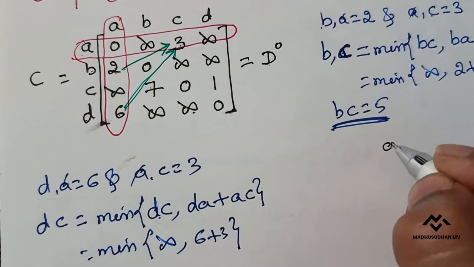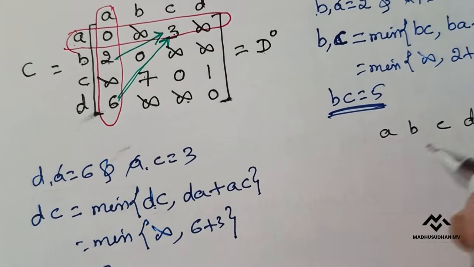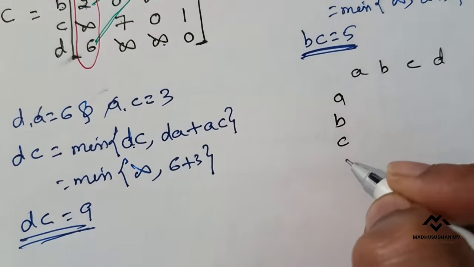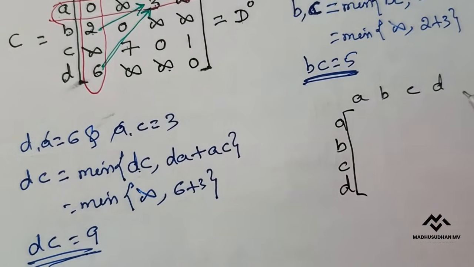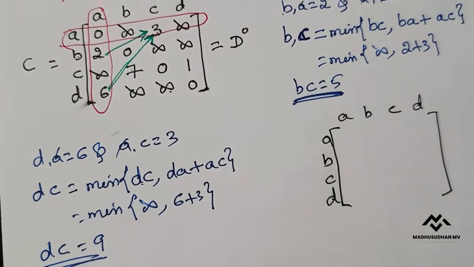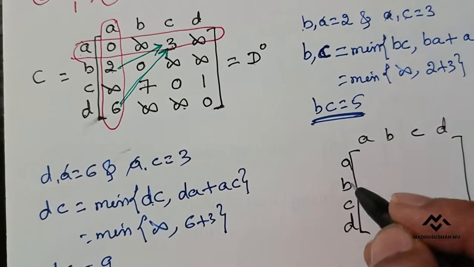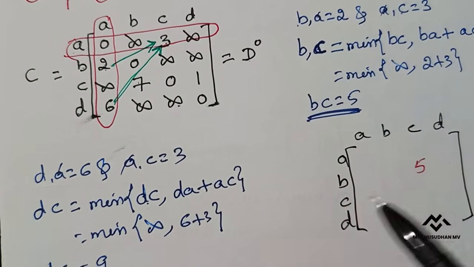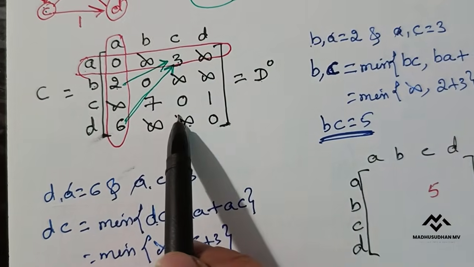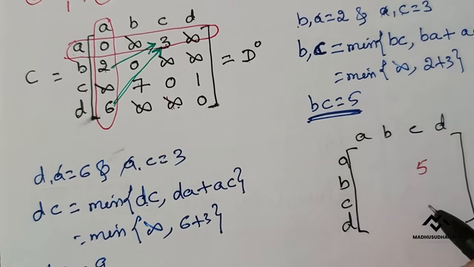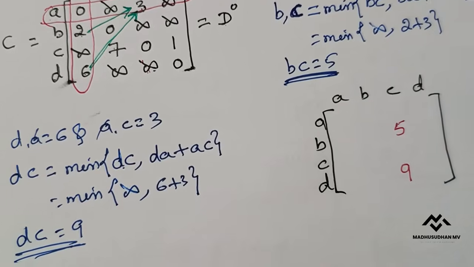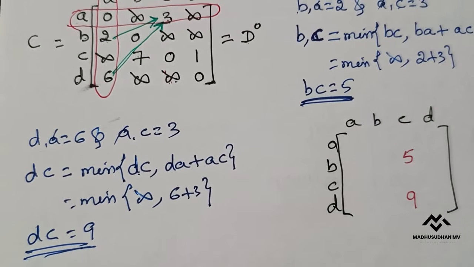Okay. So the two new values, now I'm going to write them first. A, B, C, D. Always write the new values first. What new values did I get? BC: earlier B to C was infinity, now I got B to C is 5. And earlier D to C was infinity, now I got D to C is 9. I wrote those first because these are the two new values I got.